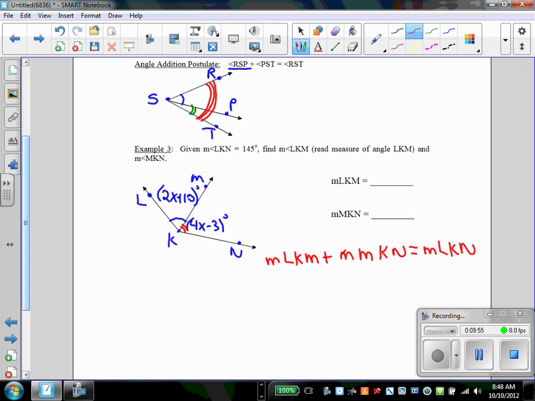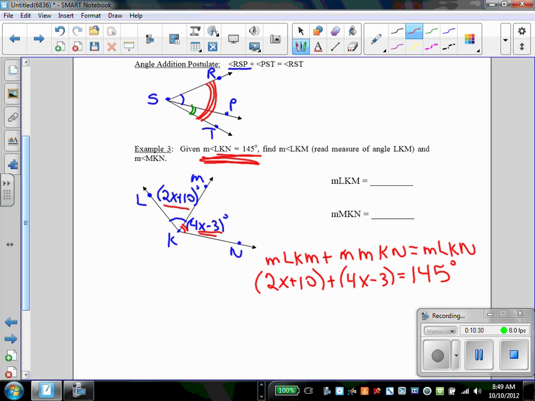So essentially, you're just adding your two inner angles together to get your entire angle measure. So LKM is represented right here as 2x plus 10. MKN is represented right here as 4x minus 3. And the measure of LKN, the main big angle, its total measure is up here at 145 degrees. So all I'm doing is using substitution, substituting what I know for each angle.